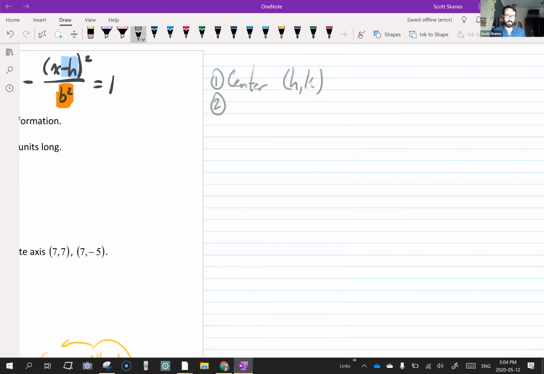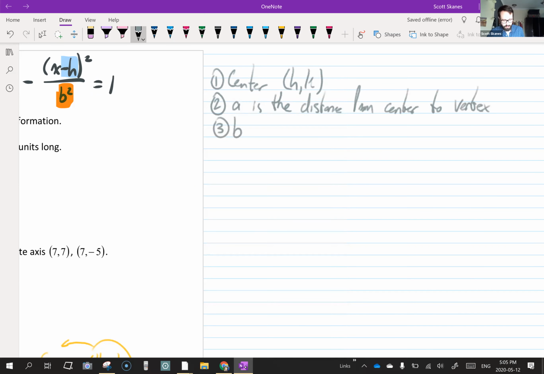And then the second thing we need to do is know that a is the distance from the center to the vertex. That's always important information.